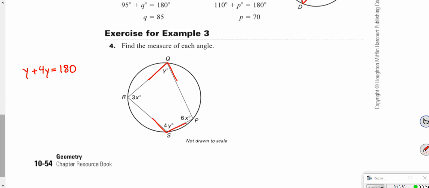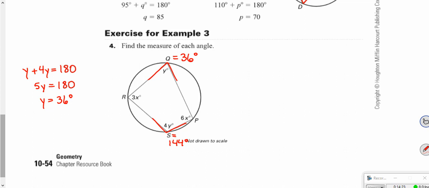So 5y equals 180, so y is 36. So this is 36 degrees. Down here, 4 times 36 degrees, or you could take 180 minus 36 because you know it's supplementary. This would have to be 144 degrees.